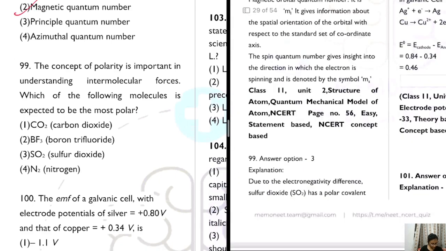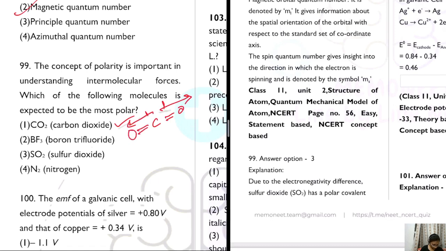The concept of polarity is important in understanding intermolecular forces. Which of the following molecules is expected to be most polar? See, this is non-polar, because it will cancel out. BF3 is also non-polar.